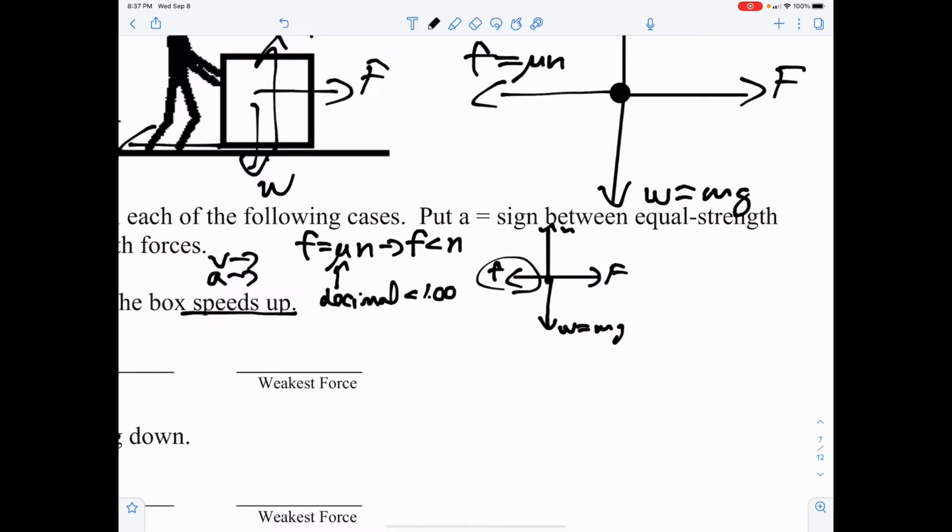So I draw the friction vector shorter than normal force 100% of the time.